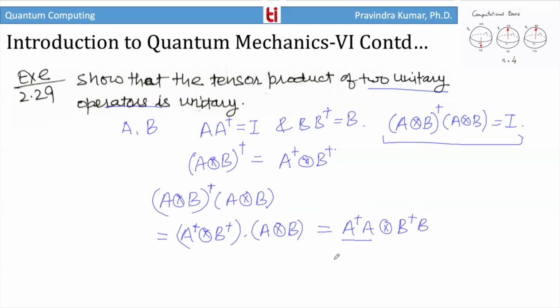This means this one is the identity matrix tensor this one, which is also the identity matrix, and the tensor of identity matrix and identity matrix will again be the identity matrix. If this matrix is of size 2 by 2, then the matrix will be of size 4 by 4. So from here we can see that the tensor product of two unitary operators is unitary.